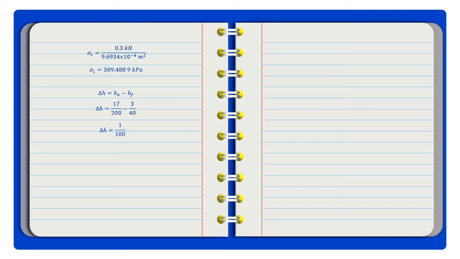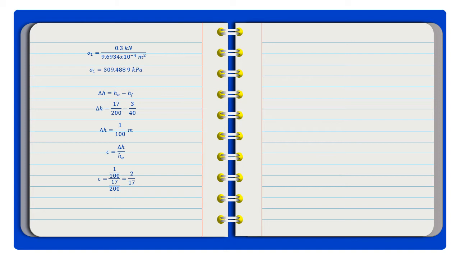We will have a change in length of 1 over 100 meters. From the principle naman ng strength of materials, the equation of strain will be the change in length divided by the original length, which is delta H over H0. So, substituting, we have 1 over 100 divided by 17 over 200, and this will give us a strain of 2 over 17.